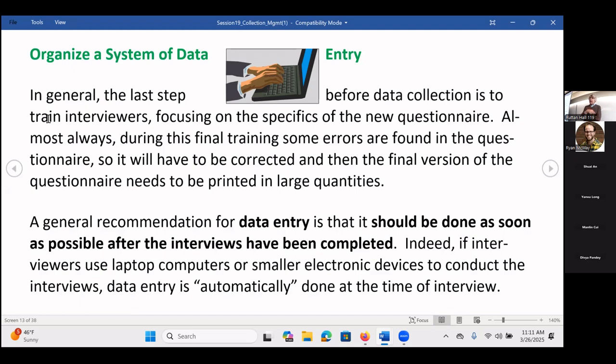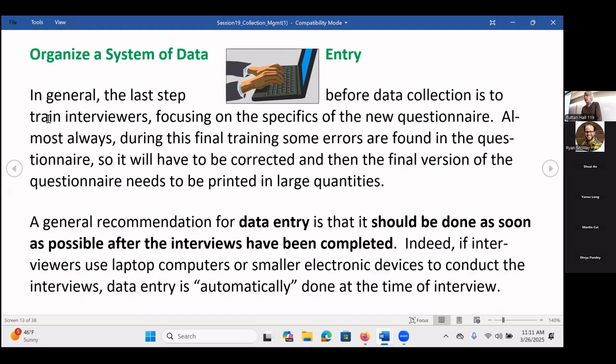Data entry programs can pick out strange numbers, like really huge amounts of food consumption of some minor food item, or other inconsistencies, like somebody says this person is in school, but the person is 40 years old. Okay, that's another inconsistency. So whether you're doing it the old way or the new way, you want to put in a lot of checks in the software to check for contradictory data or very implausible data.